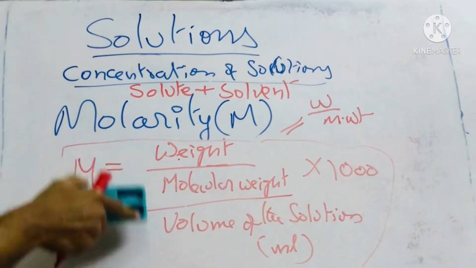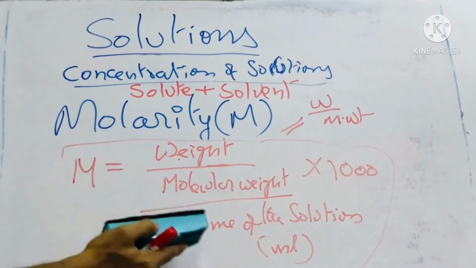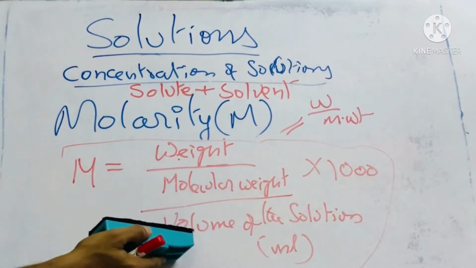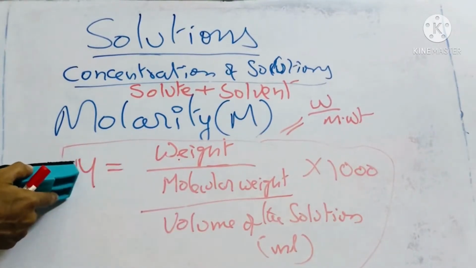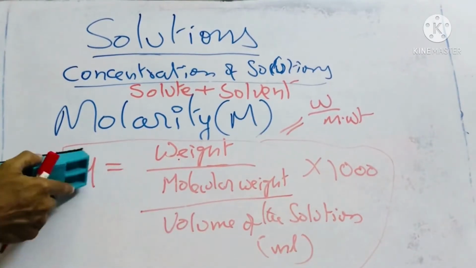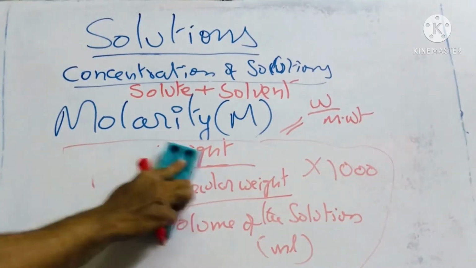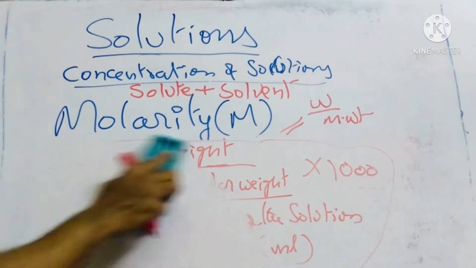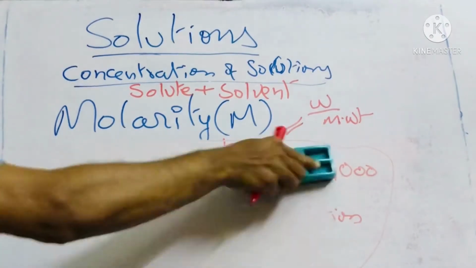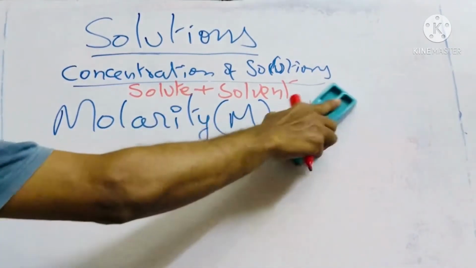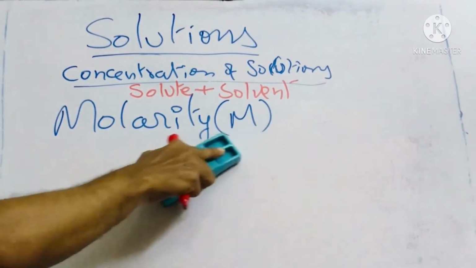If the temperature of the solution is raised, the volume will change. Once the volume changes, your molarity will change. If the volume increases, the molarity will decrease. So molarity of a solution is dependent on temperature.